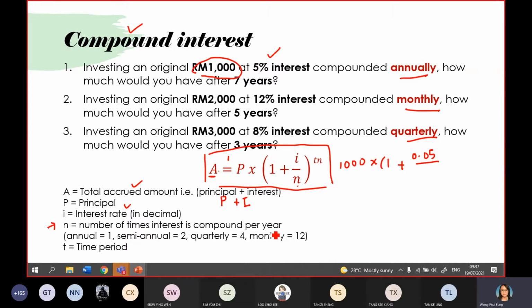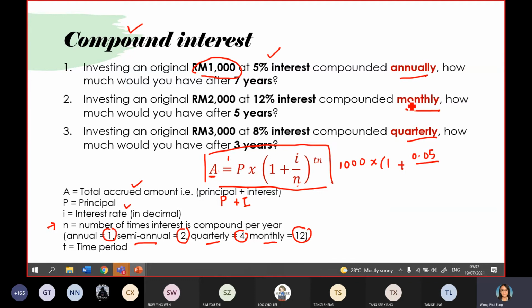If the interest is compounded annually, they only compound one time. If the interest is compounded semi-annually, it is compounded 2 times per year. If compounded quarterly, 4 times per year. If compounded monthly, 12 times per year.